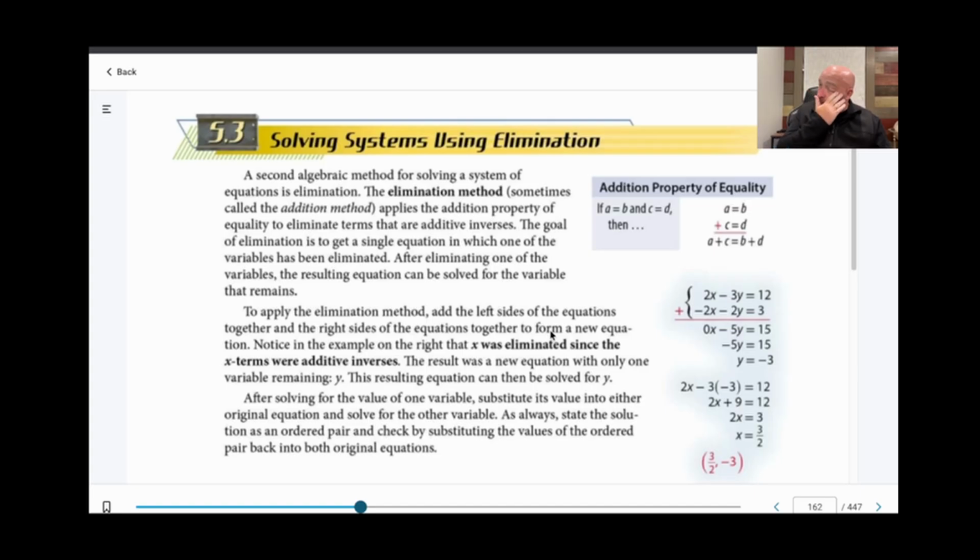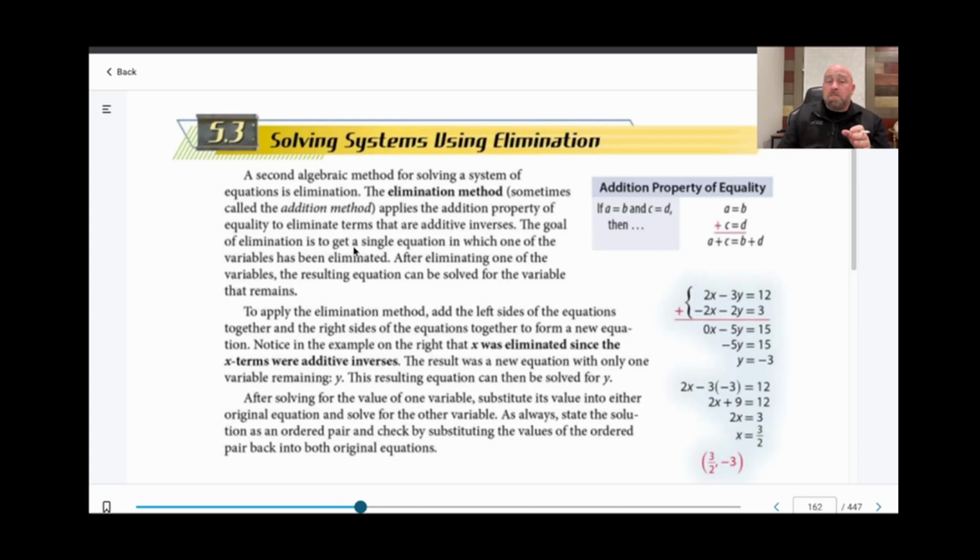In this method, for the first time, we're going to use both of the equations that they give us. We're going to use them together. In graphing, we would graph one and then graph the other, and then we would find out where they cross. In substitution, we would solve for x or solve for y, work on one of those, and then plug into the second one.